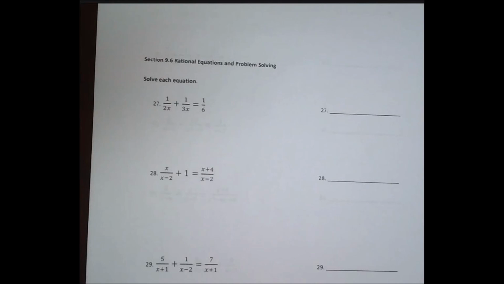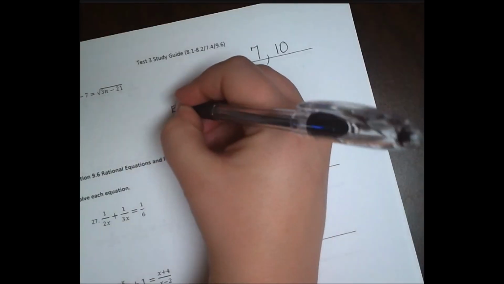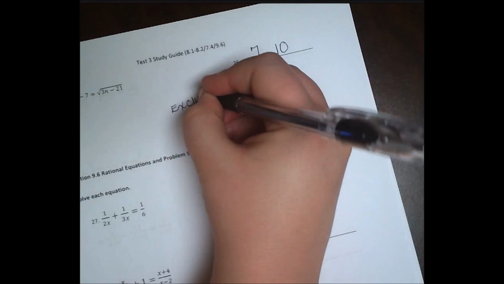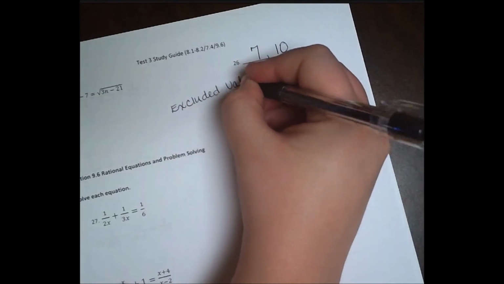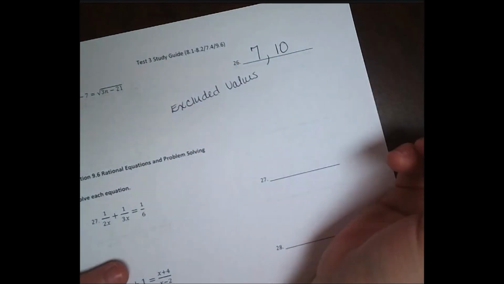Okay, so I'm going to write this up here. You have excluded values. Those values are what would give you a 0 in the denominator.